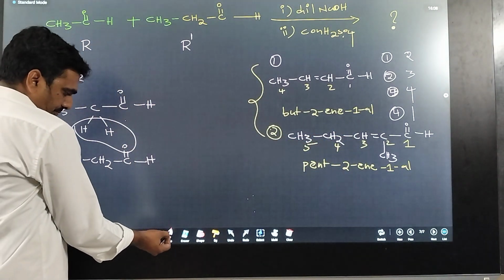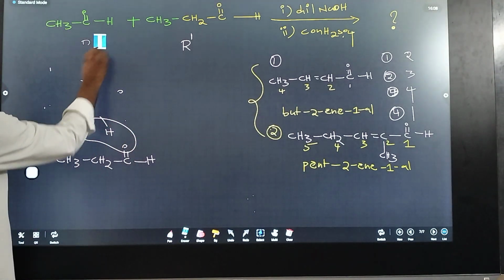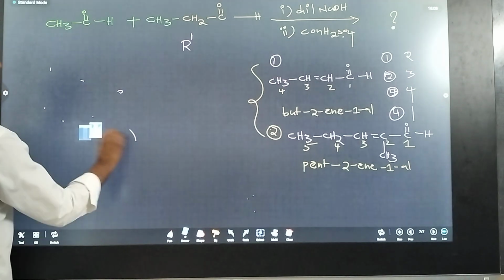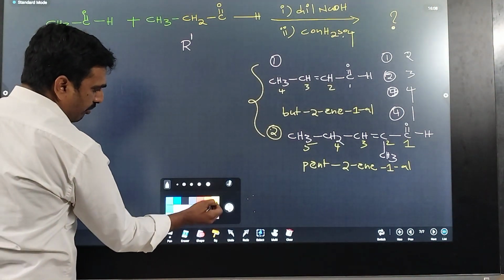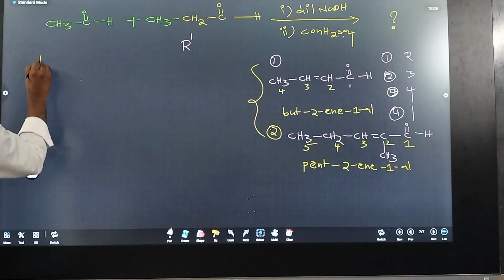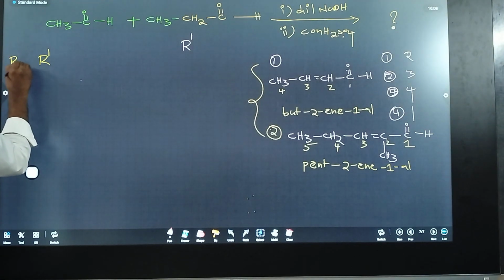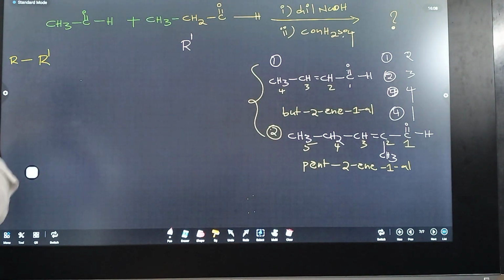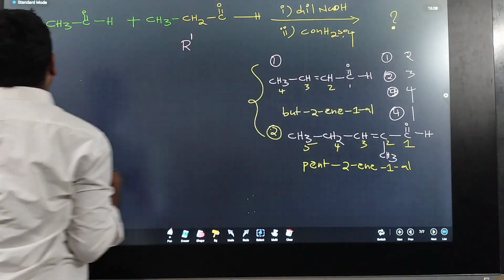Now I can take another possible product. First one is R and second one is R prime, the crossed product. This is 1 mole of acetaldehyde, second mole of propanaldehyde.